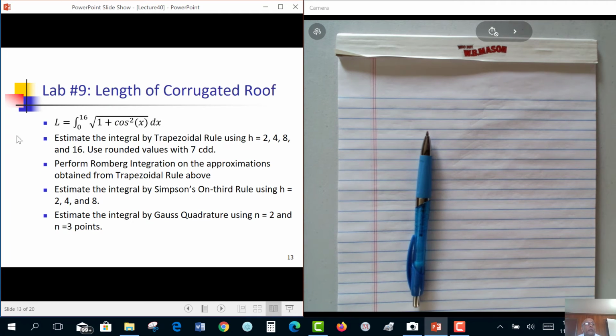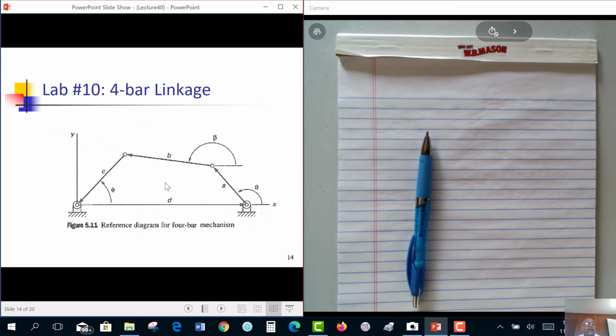Another problem I picked was this length of corrugated roof, which required numerical integration. And then I showed you this 4-bar linkage. And I don't know if you realize it or not, about 40 years ago, when computers were not easily available, this would have been a whole master's thesis, something that you just did in one lab.